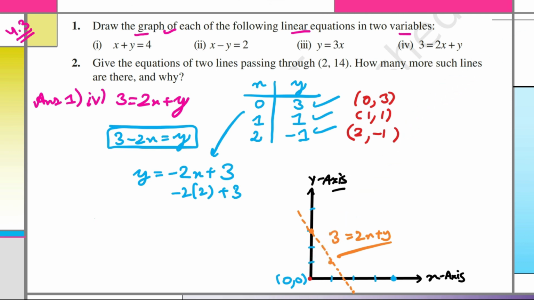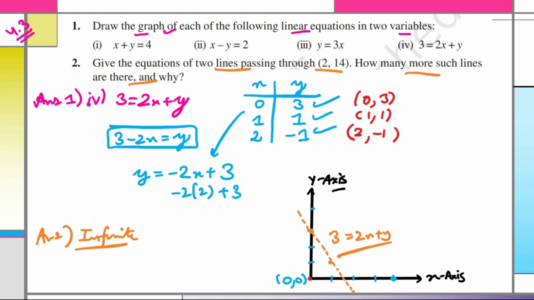Now the second question is actually very easy. The second question is: given two equations, two lines pass through (2, 14). How many more such lines are there and why? The answer, my friends, is very straightforward. It would be infinite, because it doesn't matter whether the point is in a graph or on a plane.